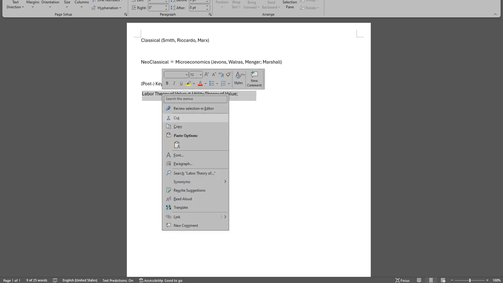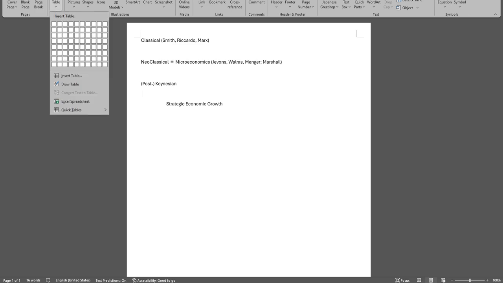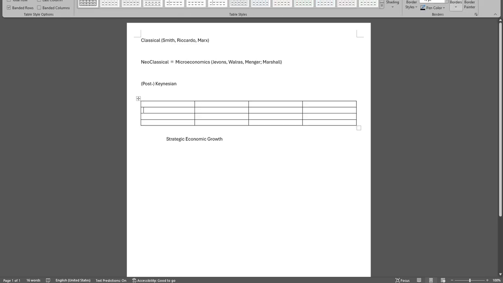We're talking now about the differences between the classical and neoclassical schools of economics. So let's just fill out this chart real quick.